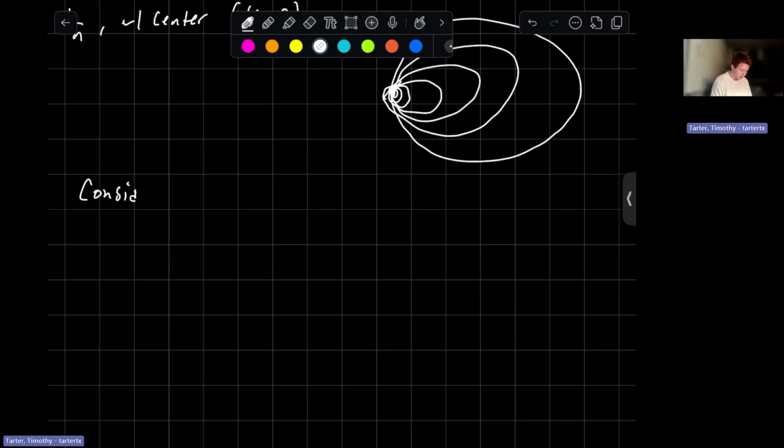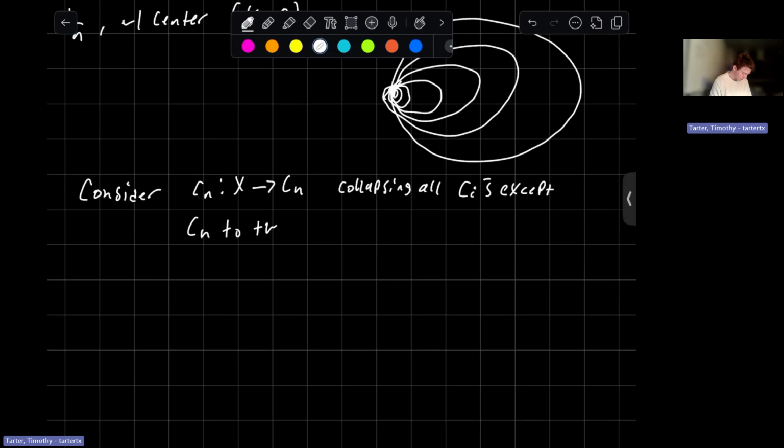So consider the retractions Rn from X to Cn, collapsing all Ci's except Cn to the origin. And if it's not clear, this is an R.